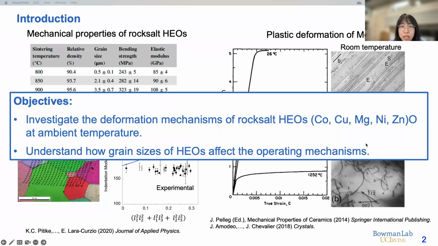So our objectives are listed here. We want to investigate the deformation mechanisms of this rock salt HEO at ambient temperature, and also understand how the grain size of this HEO affects the operating mechanisms.